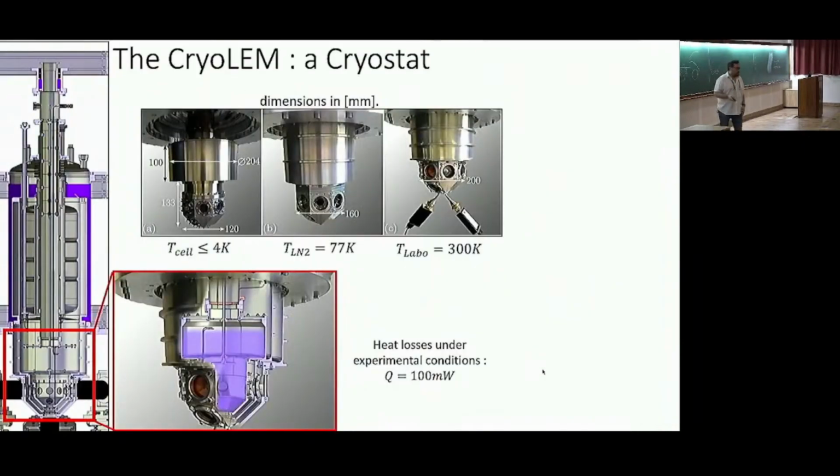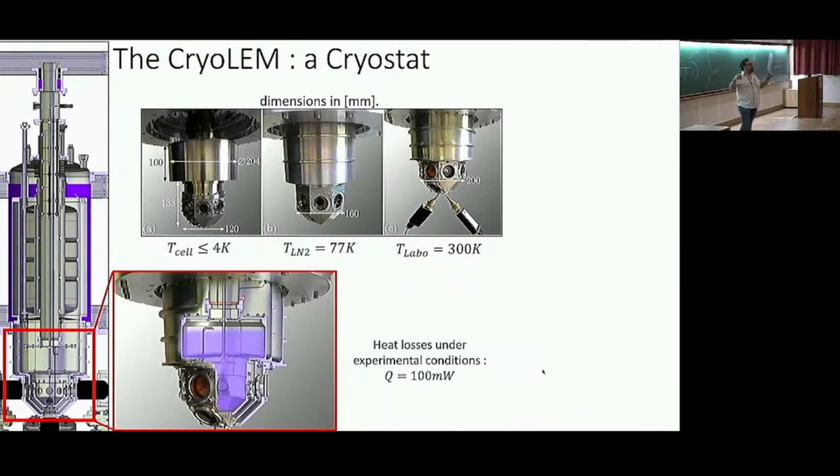Therefore, I started my research project a long time ago at the Institut Néel in Grenoble and built up a cryostat meant to do that and meant to do most of the things we could imagine. So this is the experimental cell that contains the superfluid helium.